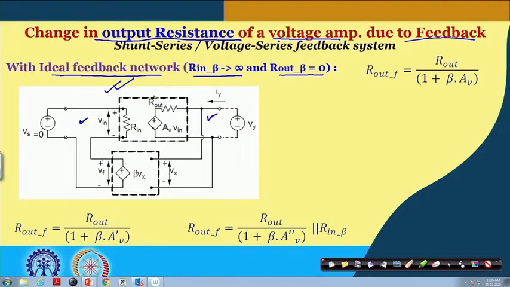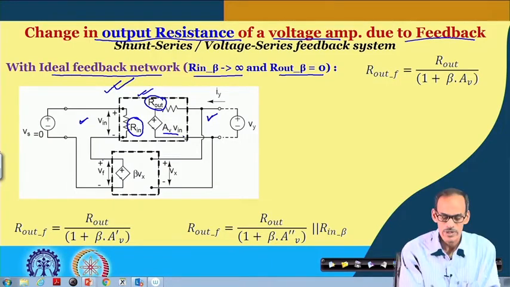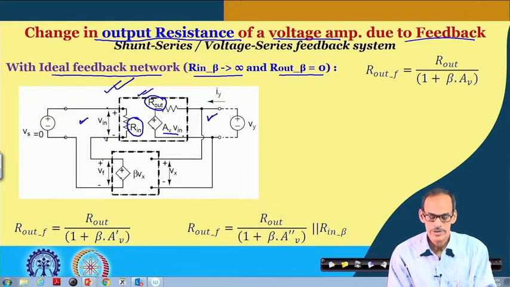However, for the forward amplifier, we are considering finite input resistance and finite output resistance. We do have the voltage-dependent voltage source A_V into V_in. V_in is appearing at the input of the forward amplifier.